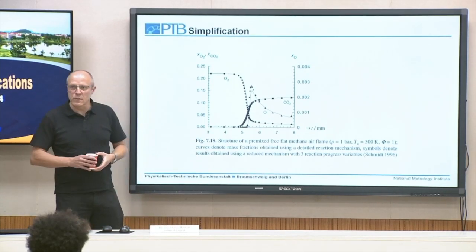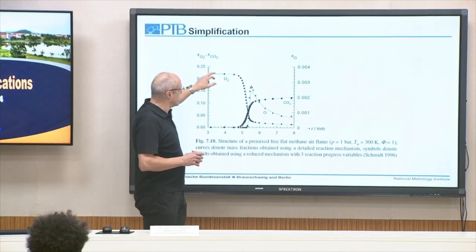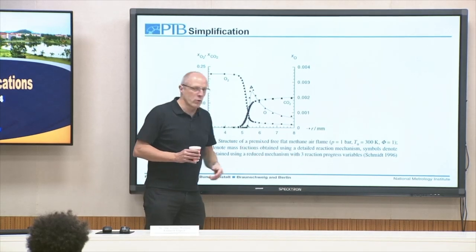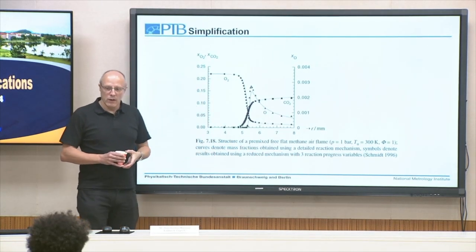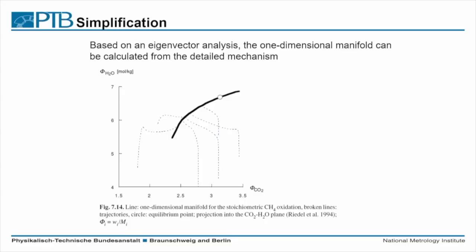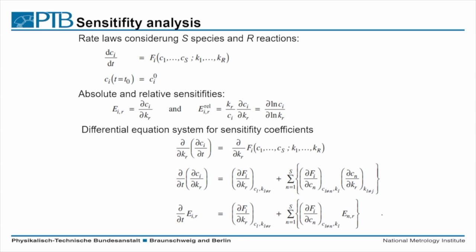So around 40 species, 180 something reactions, and the comparison just with 3 progress variables yields from the simplification I have described here. So instead of 39 species, we just solve the equation for 3 progress variables, and finally get all the information we need. So of course, with respect to numerical costs, this is very helpful.